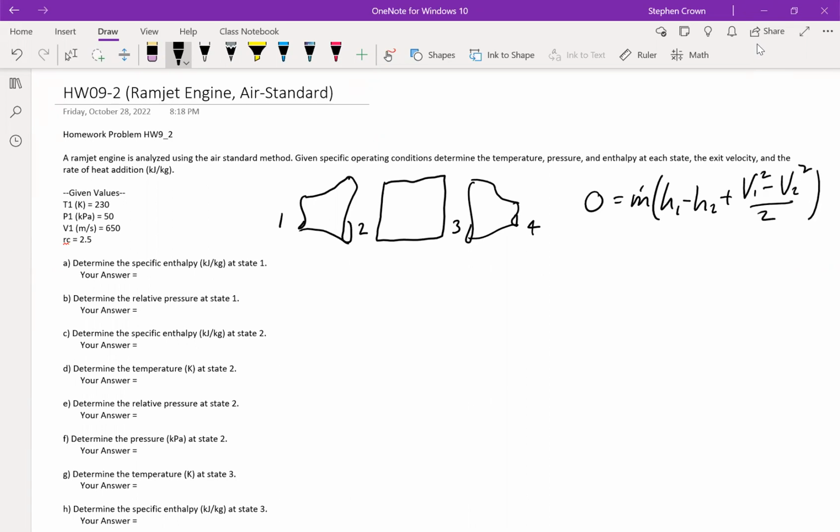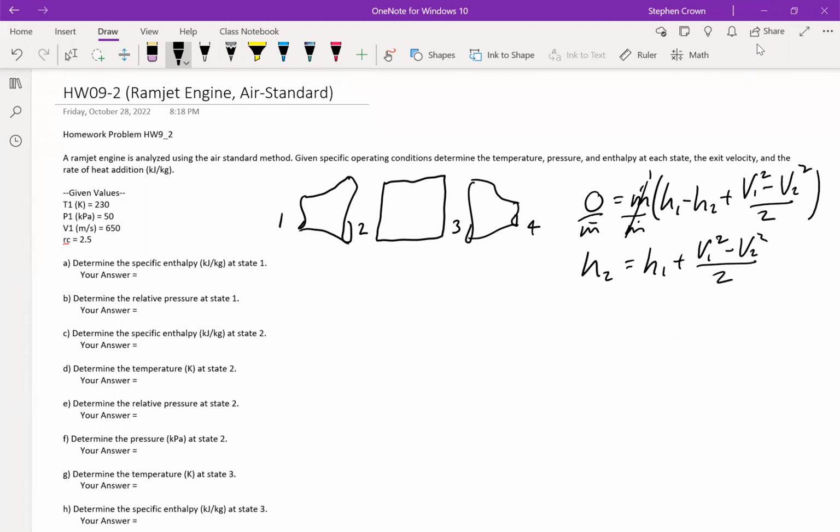If we neglect work and heat transfer, it's steady state, and there's no change in potential energy, then our first law reduces to this. Of course, again, we can divide by m dot. This becomes 1, and so I have that H2 equals H1 plus V1 squared minus V2 squared over 2.